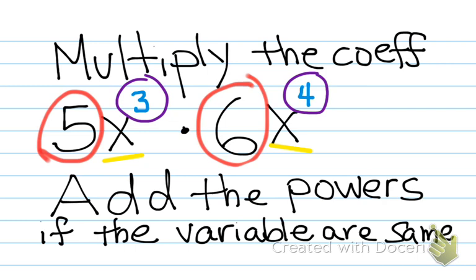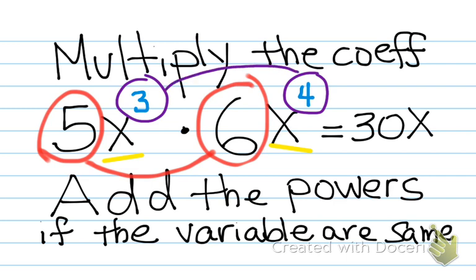So we know we need to add the powers. So the answer would equal 5 times 6 is 30. Multiply these two together. And then keep the variable the same and add the powers. 4 plus 3 equals 7.